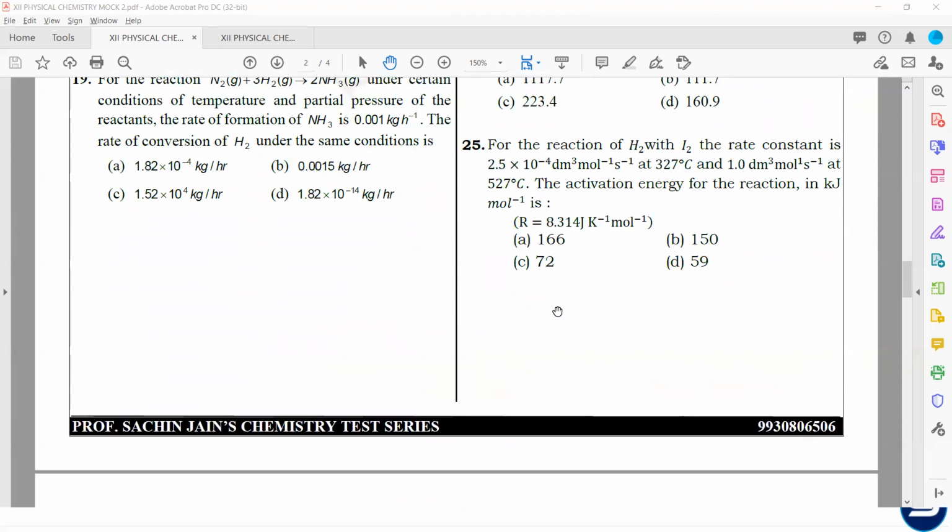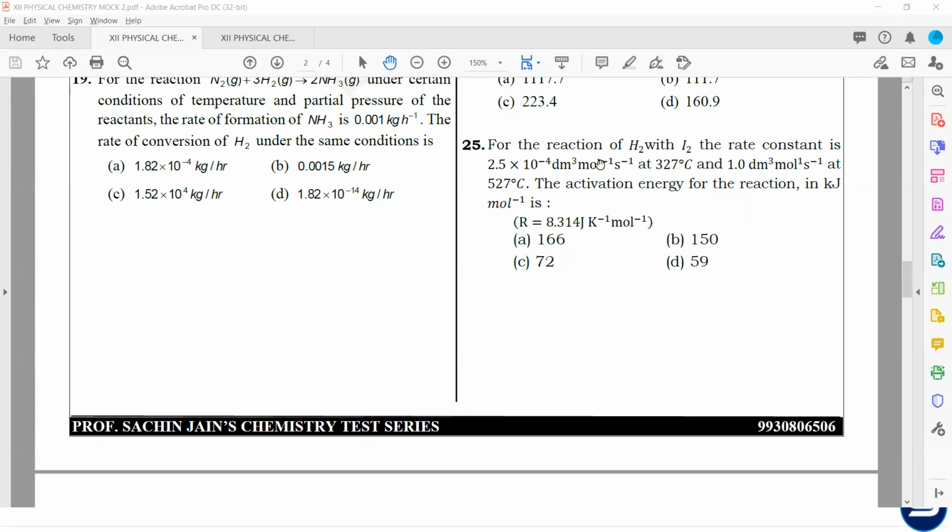25. For the reaction of H2 with I2, the rate constant is 2.5 × 10^-4 dm³ mol⁻¹ s⁻¹. Now looking at the unit of the rate constant, we can identify the order of the reaction. What can we find from the unit of the rate constant? Order of the reaction.